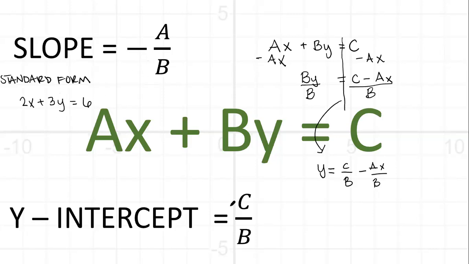But I don't want you to memorize this without understanding. So we're gonna change this to y equals, and we're gonna do the same steps over here. So I wanna get rid of this positive 2x. So how would I get rid of it? Well, subtract 2x. Perfect. I'm gonna subtract 2x from both sides.